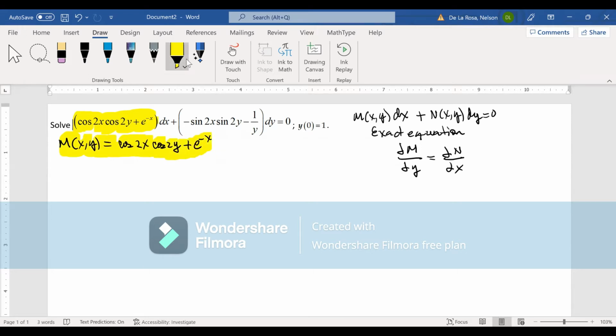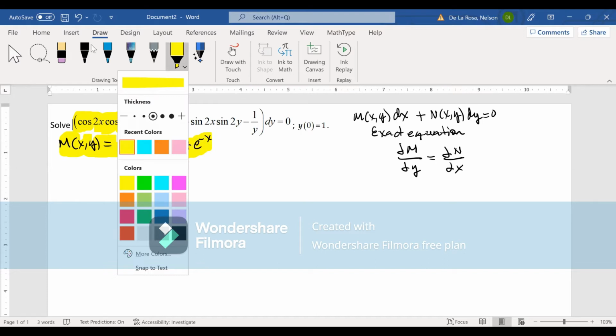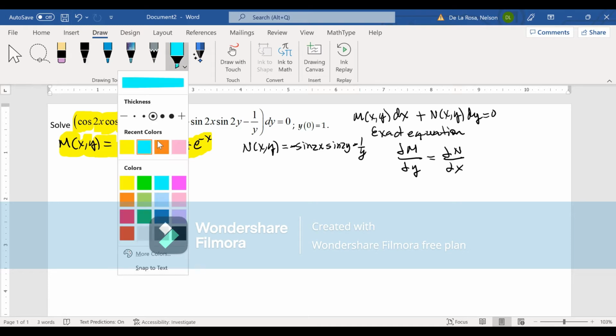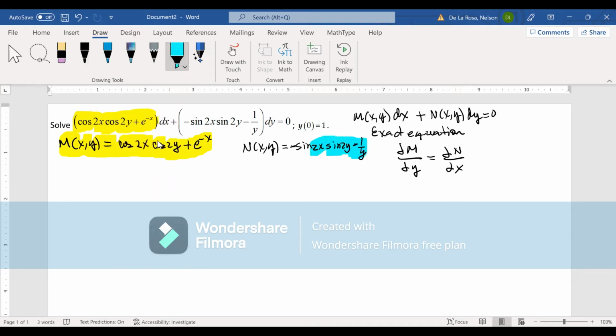Okay, so what is N? N is the expression multiplying dy. So N(x,y) is negative sine of 2x sine of 2y minus 1 over y.